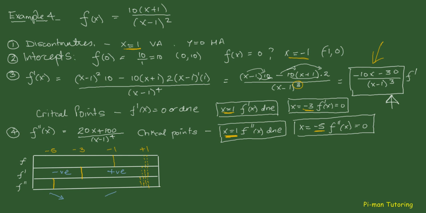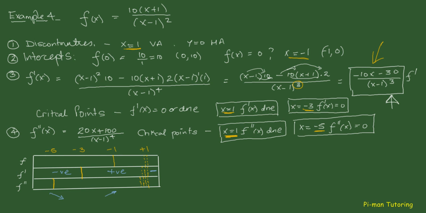So the function is increasing in this region. And if we go beyond positive 1, we can see that our numerator becomes negative, our denominator becomes positive, and so our slope is again negative.